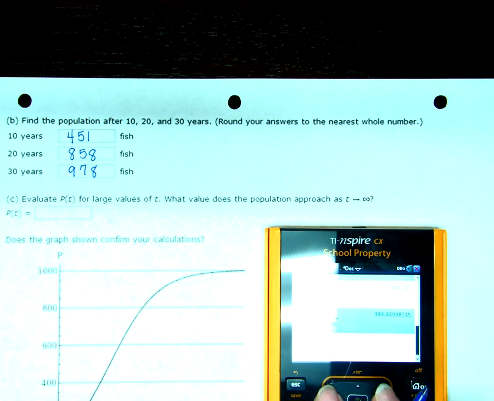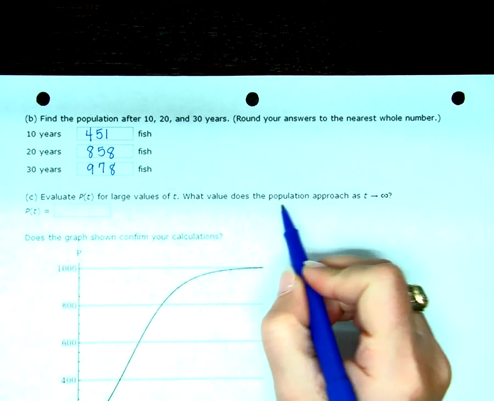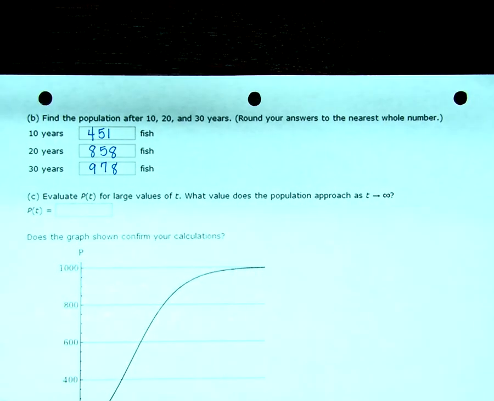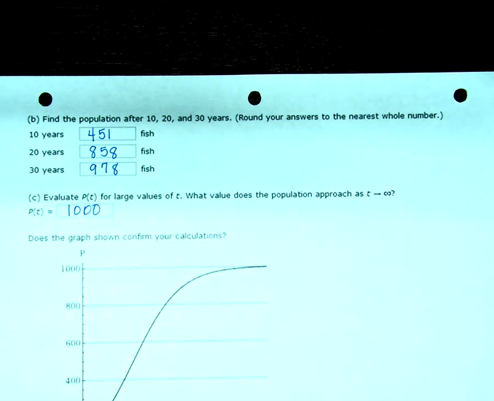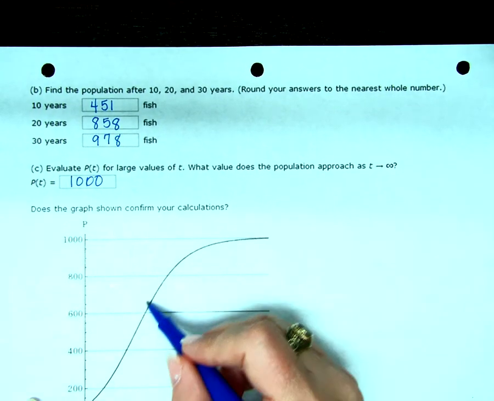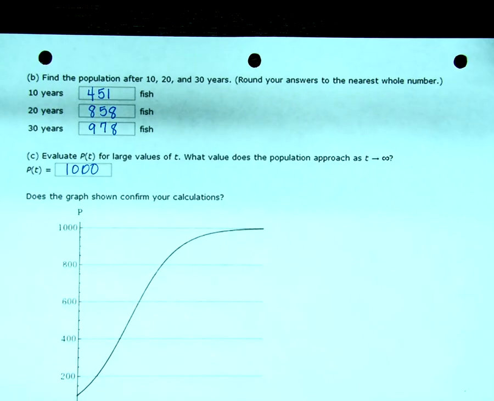I don't know how much further we can go up before it just tells me 1,000 again. What if I do 200? See, 200 is already telling me 1,000 again, but that's also telling me what the population is approaching as t is getting bigger. Okay, my population is approaching 1,000, and if we look at the graph, we can tell that's where it's flattening out right there. Okay, does that make sense?